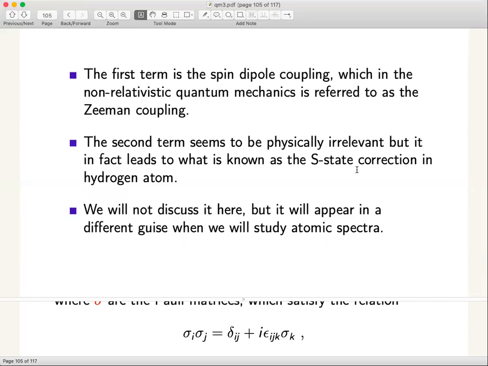Now this term contributes only when the orbital angular momentum is zero, which is what is called the S wave orbital, or S orbital.